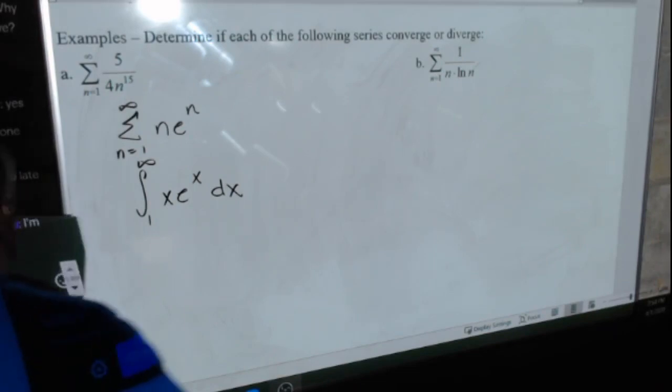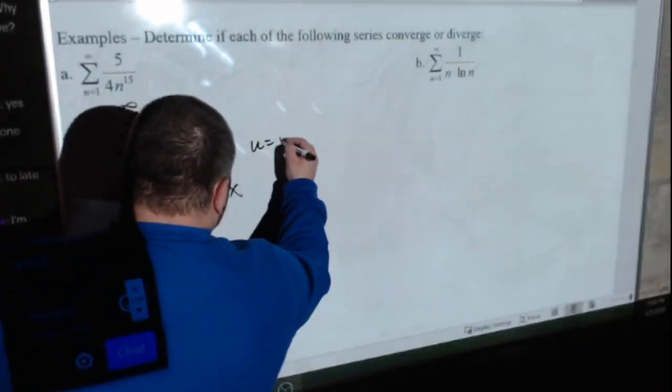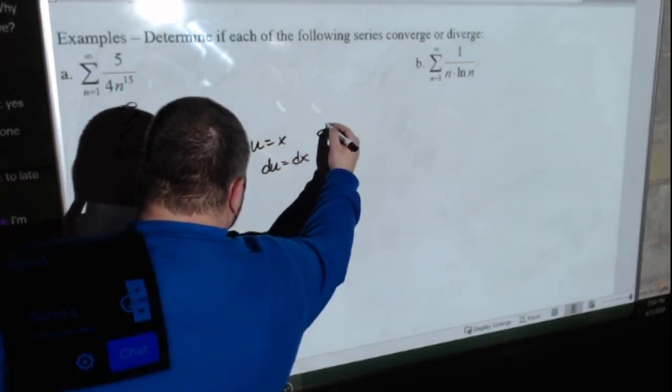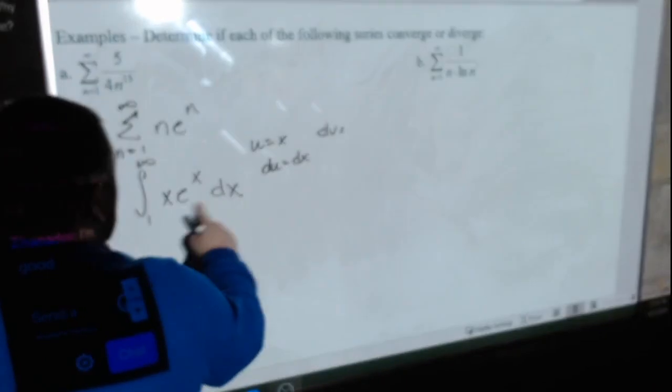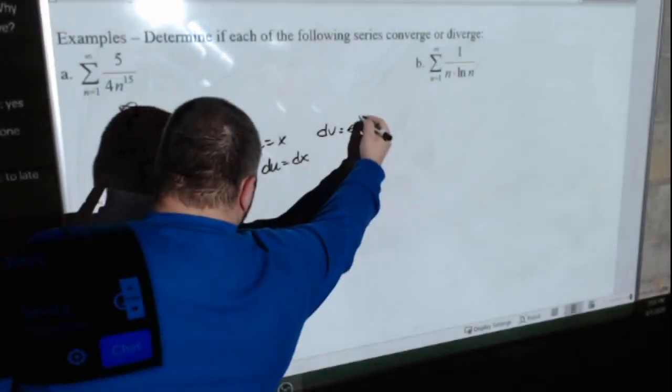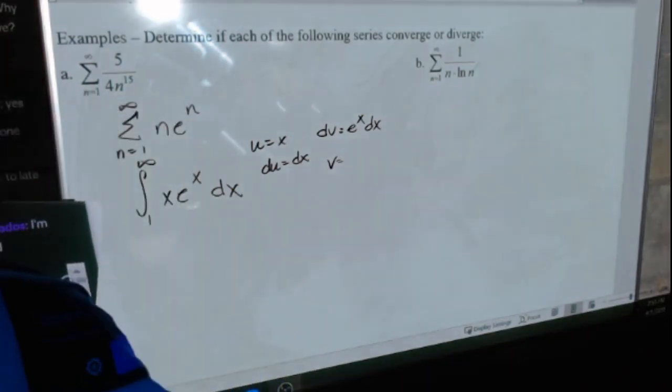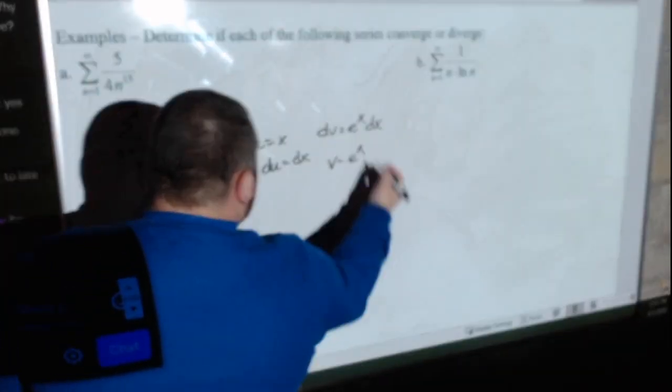That's by parts. Let u equal x, du is dx, dv is the leftovers, just e to the x dx. v is the integral of that, which is e to the x.